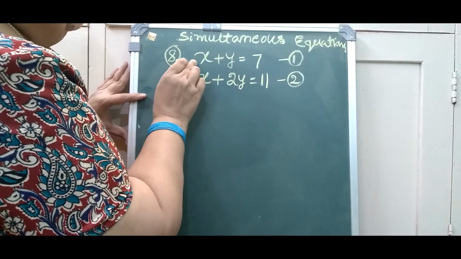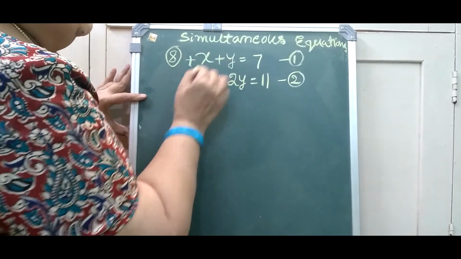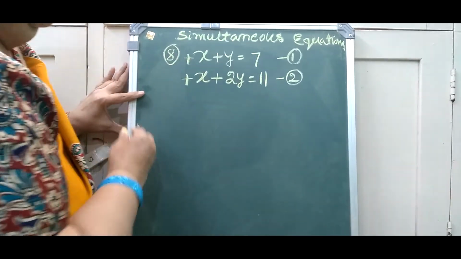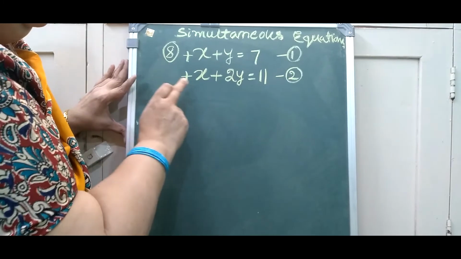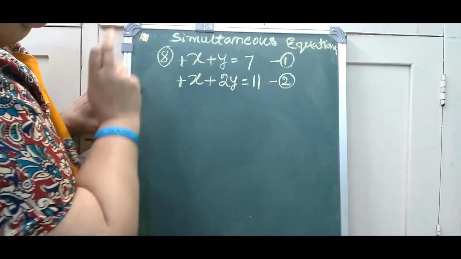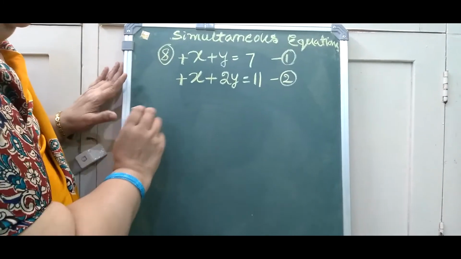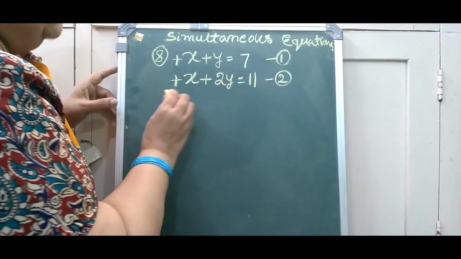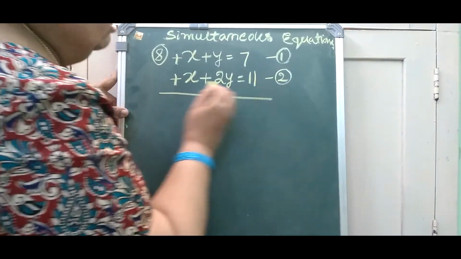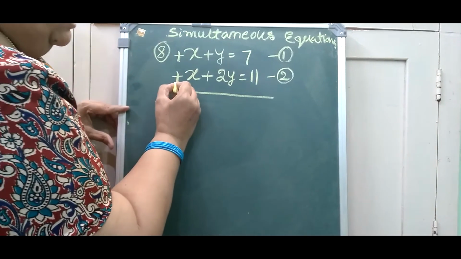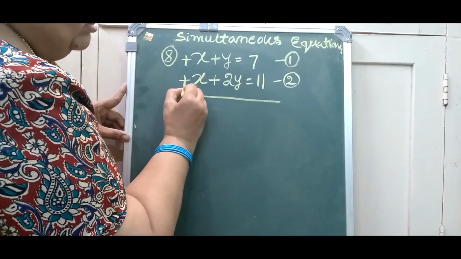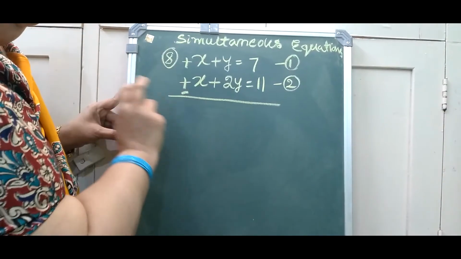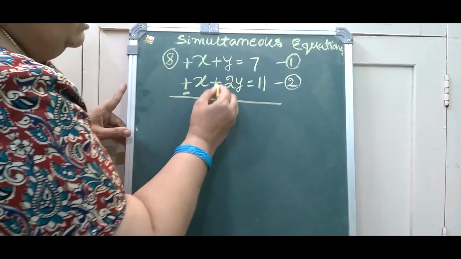When there is no sign here, we have to consider this as plus. Plus x plus x. Again plus y plus 2y. Here x and x is there. And usually for the second equation, we can change the sign while subtracting. You will subtract the second equation from the first equation. That is the first step.